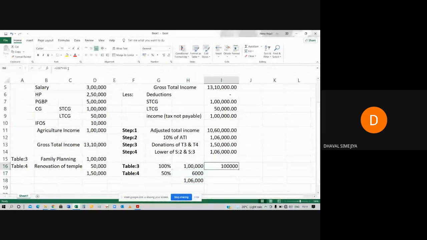So I will do the same exercise over here: 50% donations available to me. So the deduction available to me is 1,03,000 rupees. It will again be reduced to 50%.